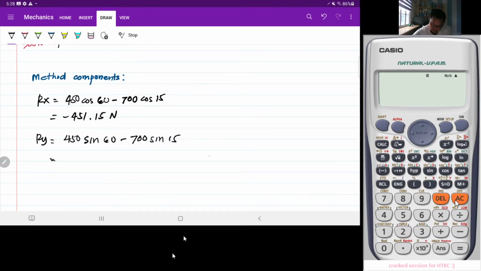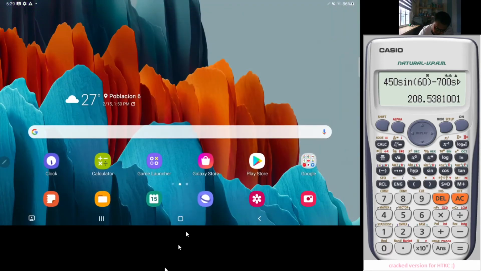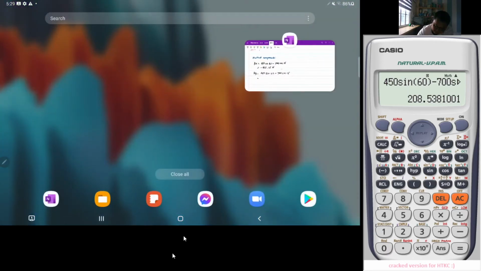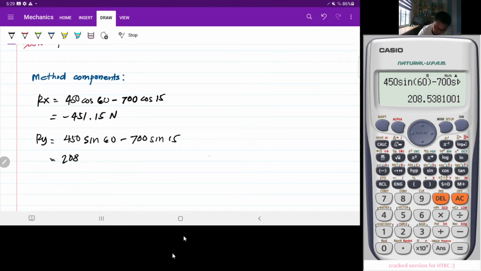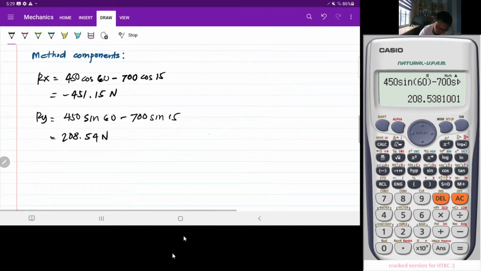Ry is 450 sine of 60 minus 700 sine of 15. So that is 208.54 Newton.